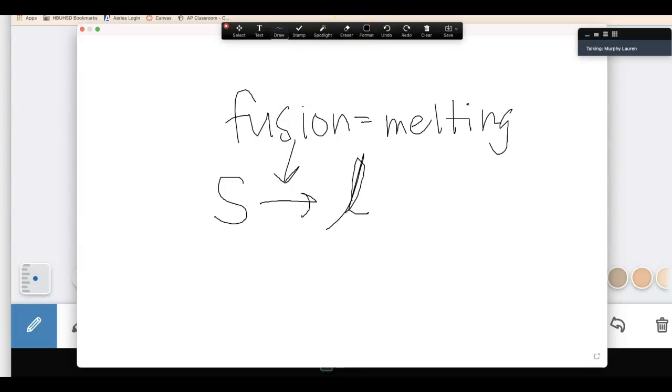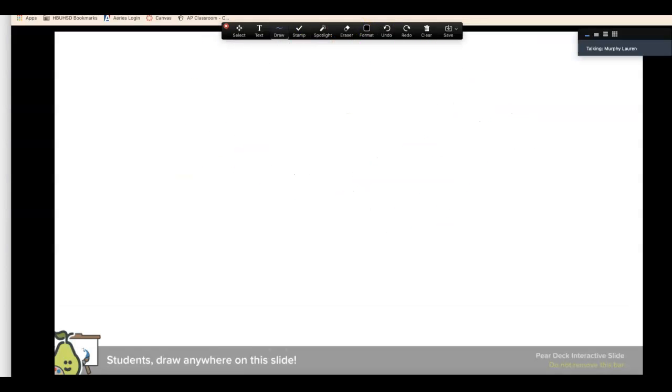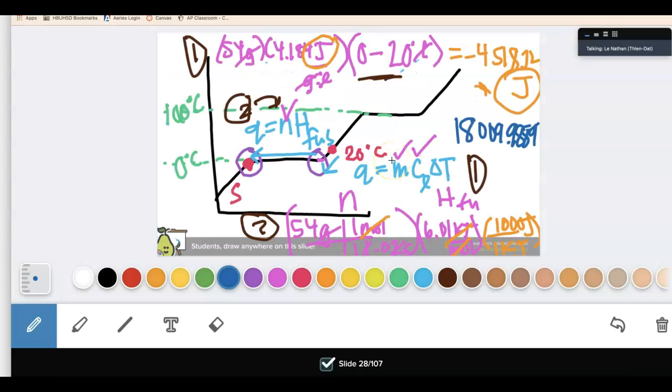In this problem, what are we doing? So let's go back. We are turning a liquid into a solid. We're actually solidifying. We're doing the opposite of melting because we're going from liquid over to solid. So you have to throw a negative in front of your fusion constant.